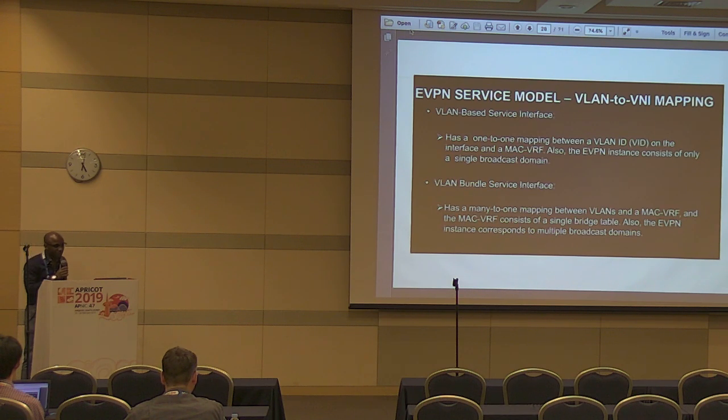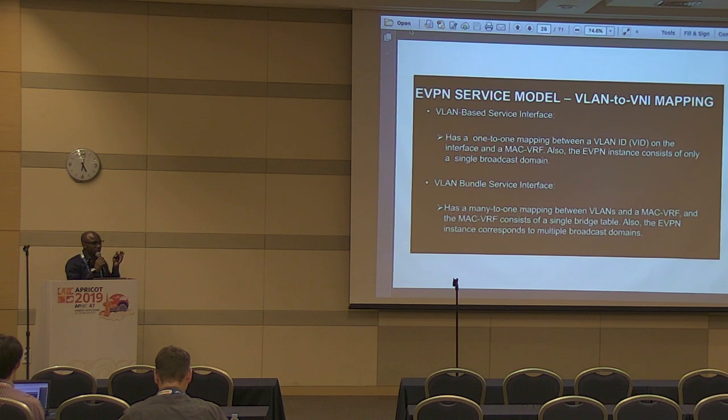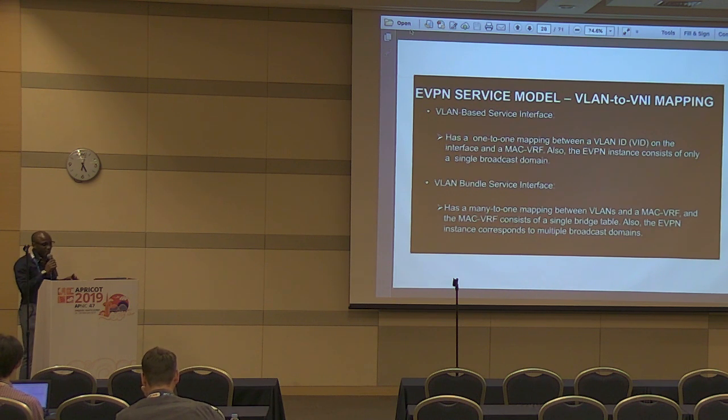So with the VLAN-based service, remember the service model is just how you map your VLAN to VNI. That's basically it at a high level. With VLAN-based service, this has a one-to-one mapping between the VLAN ID and the VNI, sorry.